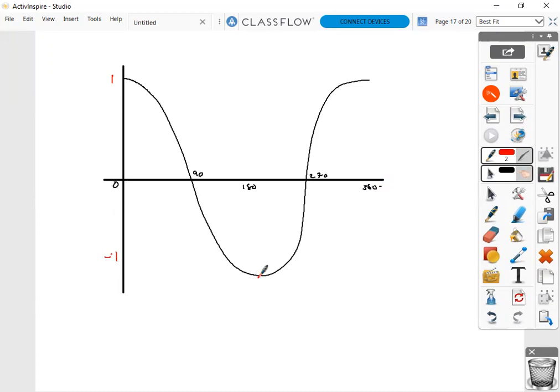That coordinate there is the start; remember that coordinate is when x is 0, and the maximum is at 1. At x is 180, the minimum is -1 on the y-axis. So we can plot coordinates all the way through this.